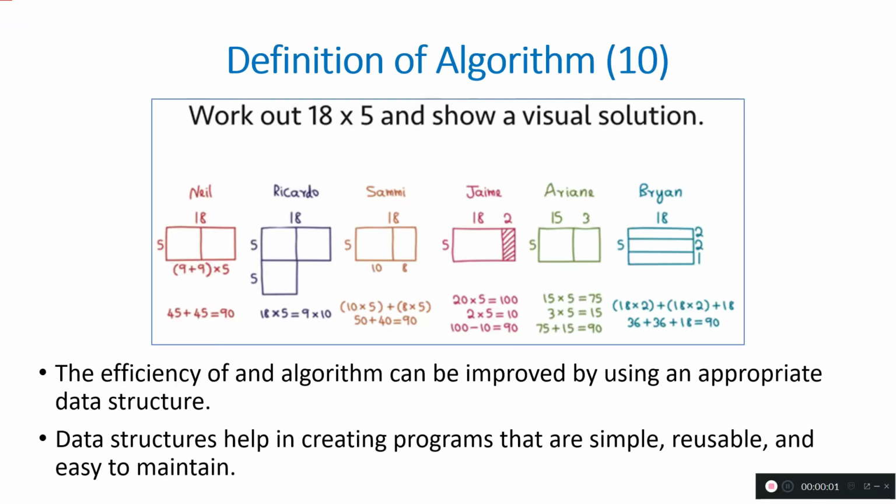In this example, we see the students are asked to find the product of 18 times 5, and each student has come up with a different way to solve the problem. As we all know, in terms of hardware, it is much easier to perform multiplication and division as compared to addition and subtraction.